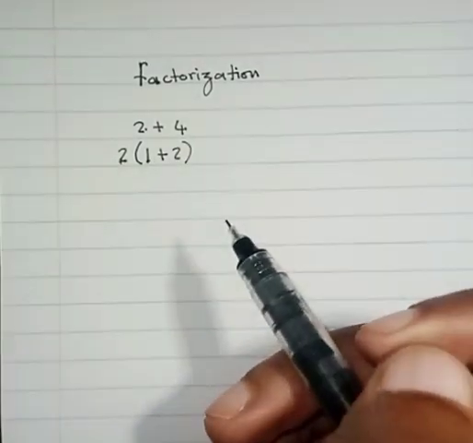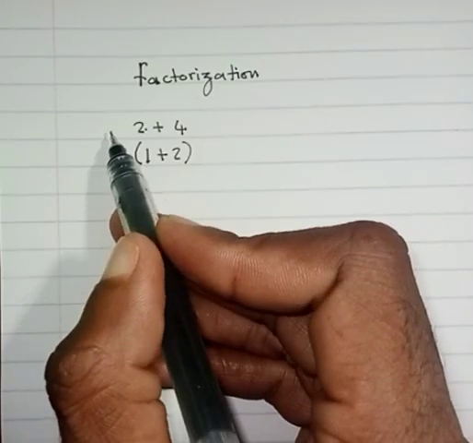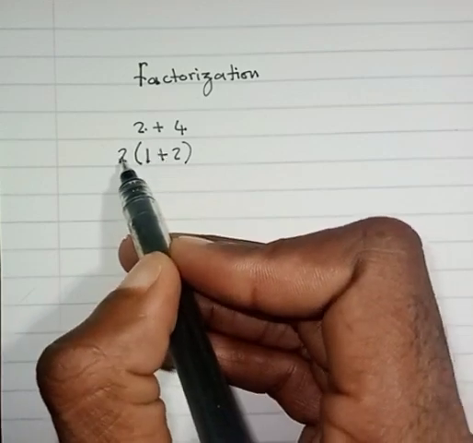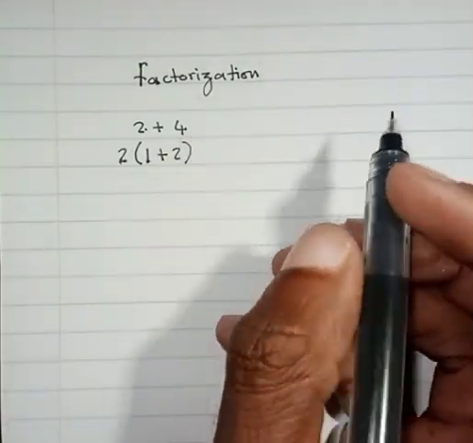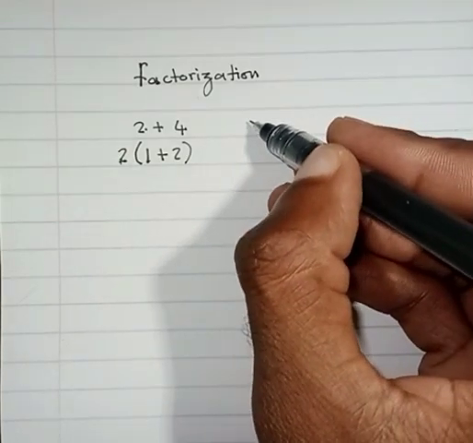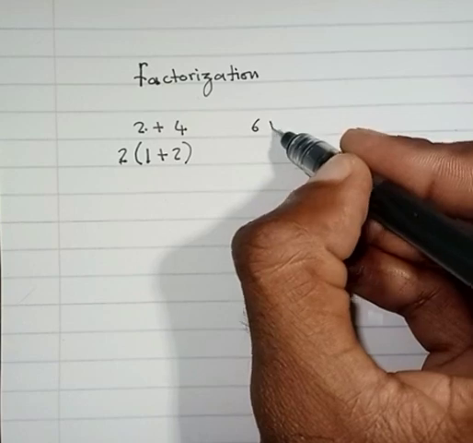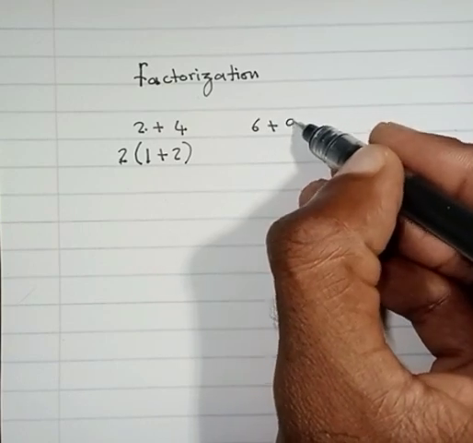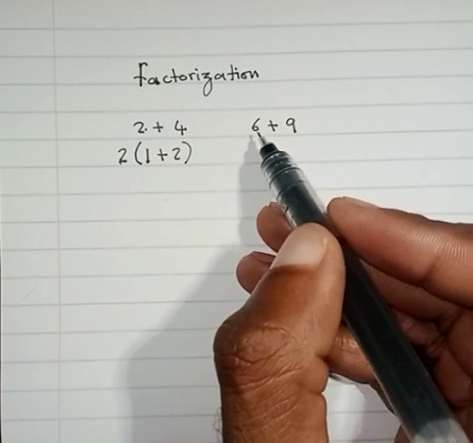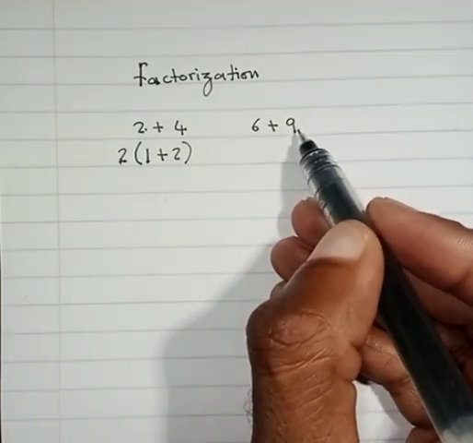So we have factorized. And when you have factorized your expression, you should be able to return it to the original expression. So 2 times 1, we get 2. 2 times 2, the answer is 4. Another example, 6 plus 9. To factorize this expression, we look for a number which goes into 6 and 9 without leaving a remainder.